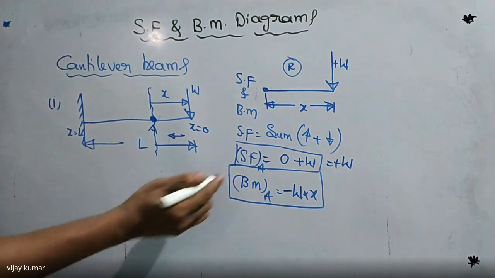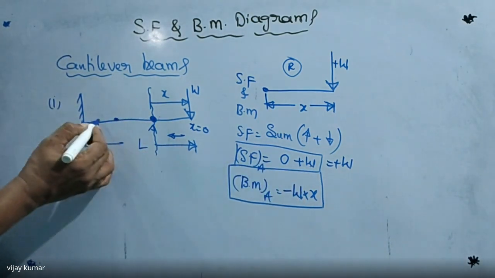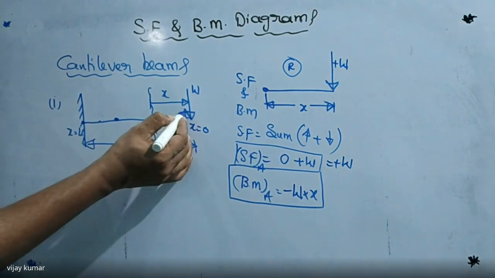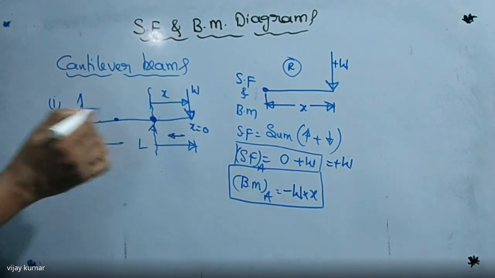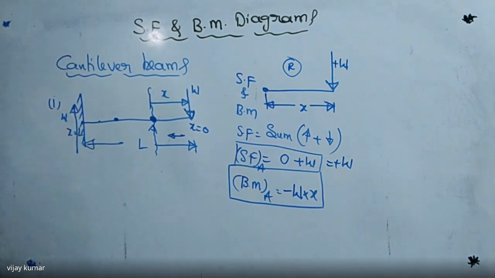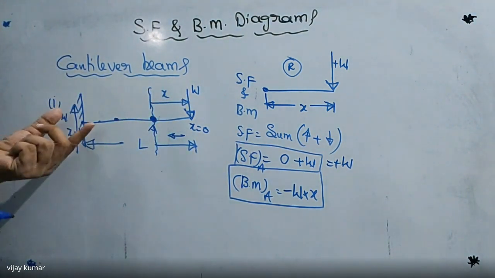Now, if you take the shear force at this point, we get the same value, W. If you take it at this point, also W. But this force is acting downward, this is the active force. The support will give a reactive force, that is W, but this is negative and this is positive. If we come to this point, both cancel each other, so the shear force at this point is 0 when taking the reaction. Listen carefully.